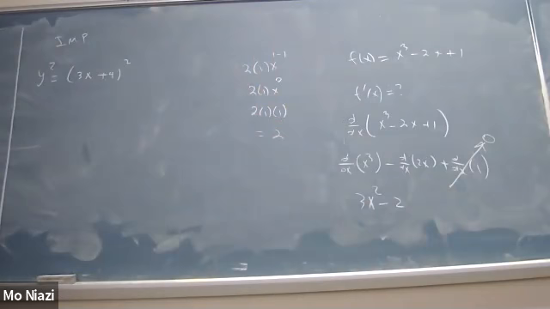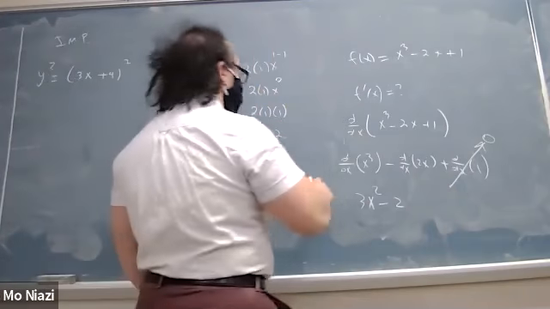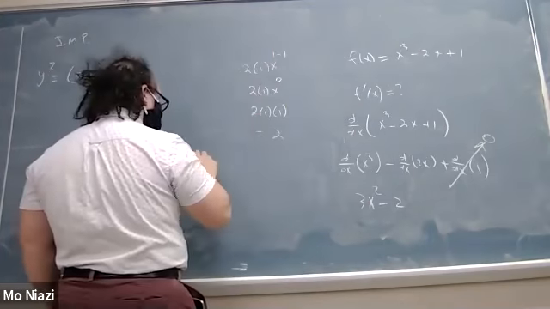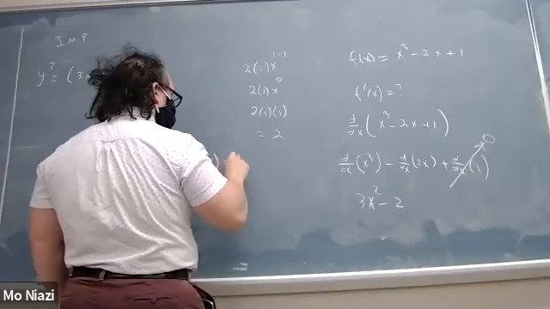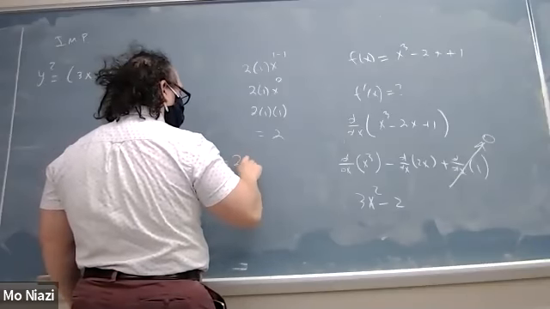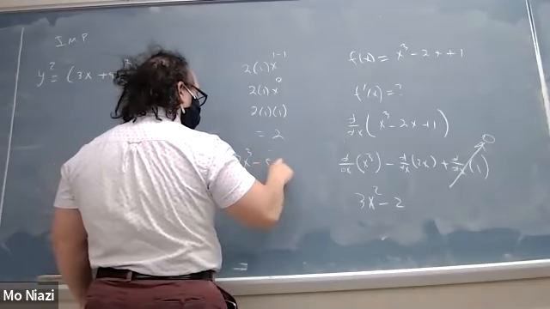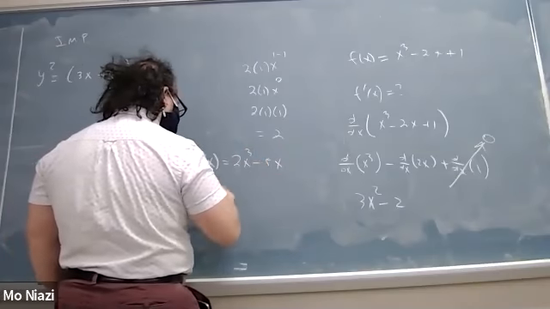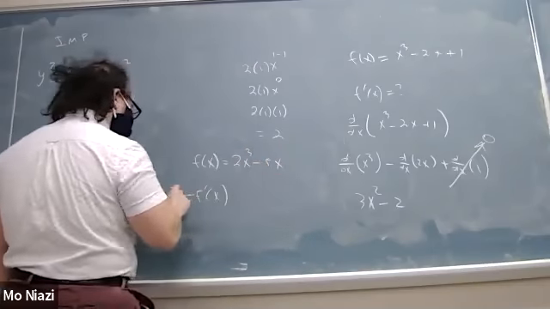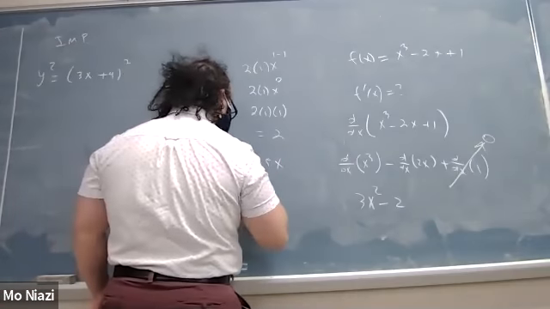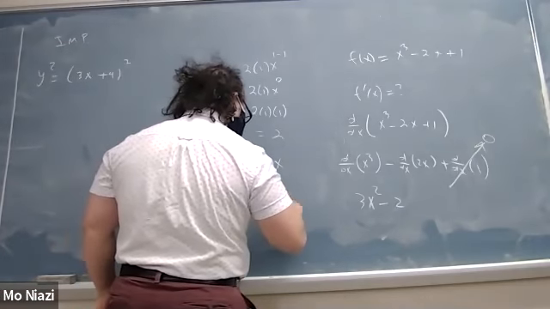So that's normal derivatives. Let's do one more example of a normal derivative. What if f of x is equal to 2x cubed minus 5x? What is f prime of x? Well, f prime of x is just d dx of all this.